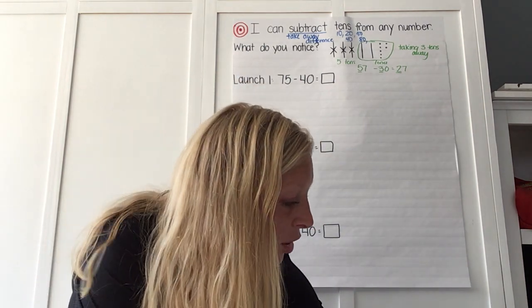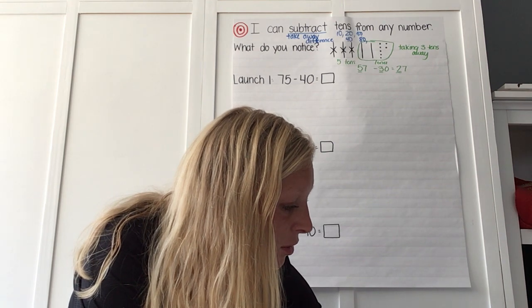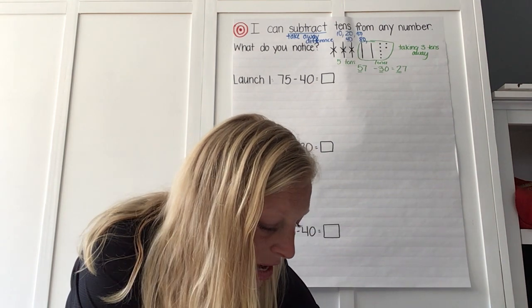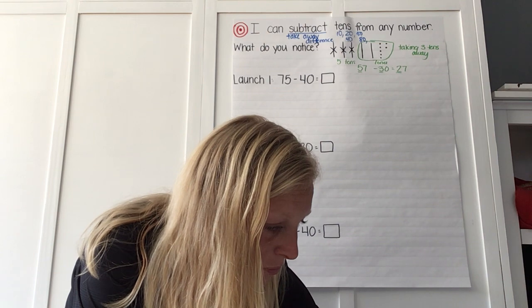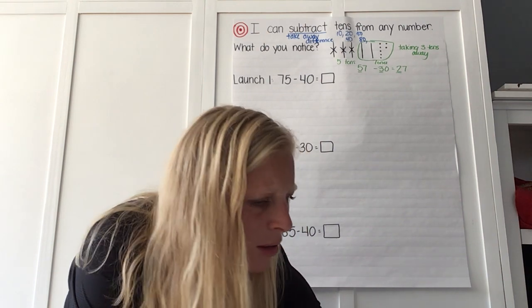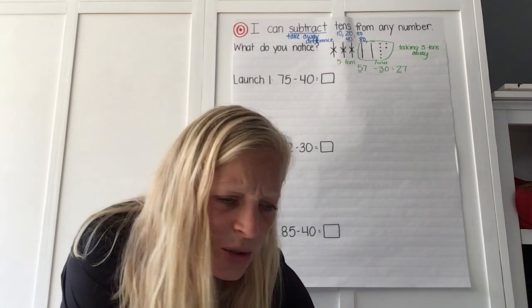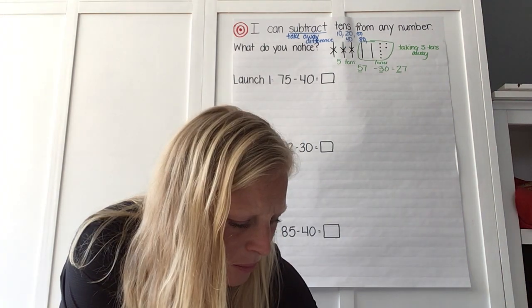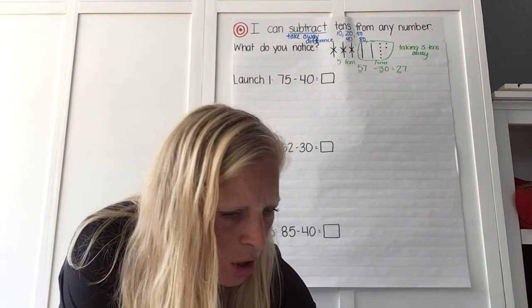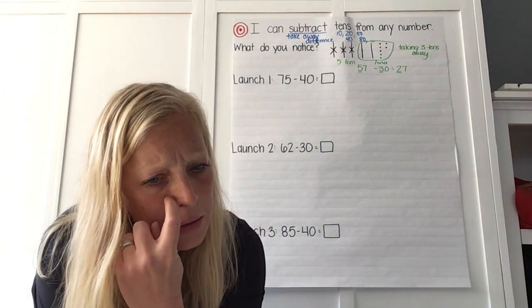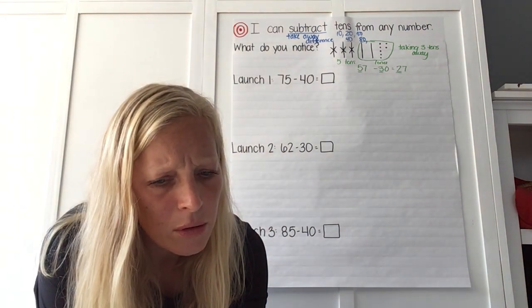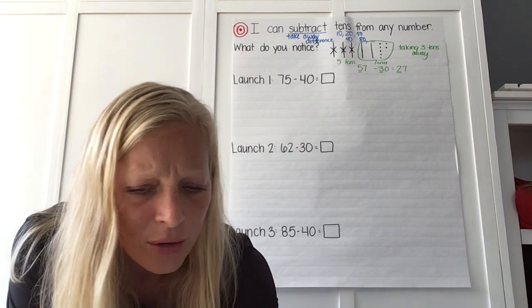What did you do first? What are you going to do next? How many tens did you take away? Why did you take away that many tens? What was left? Where is that in your model?